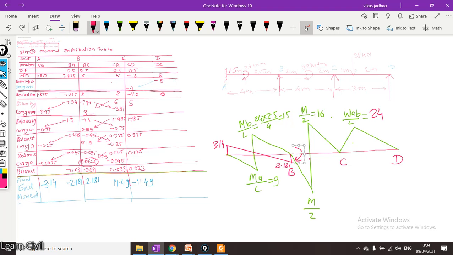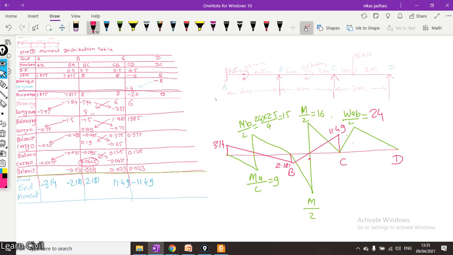It is already drawn, so no need to redraw. For CB it is 11.49, and it is positive, therefore we have to draw this on the clockwise face here. Draw this 11.49 here, and join these 2 points like this.